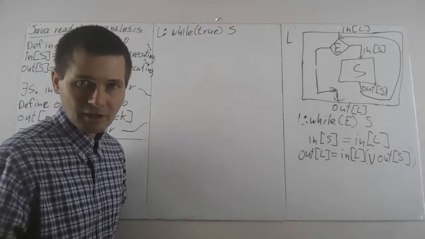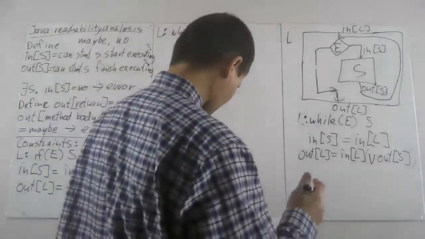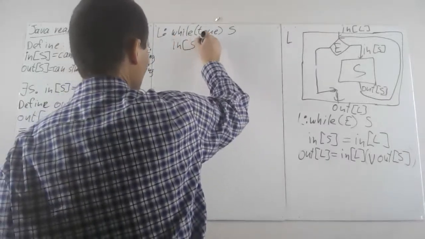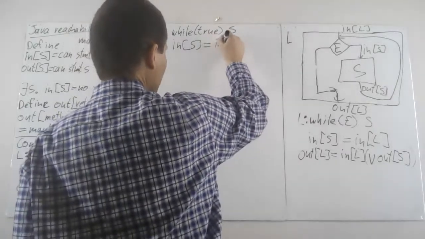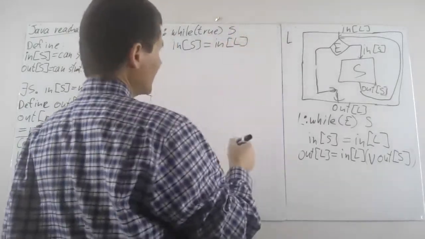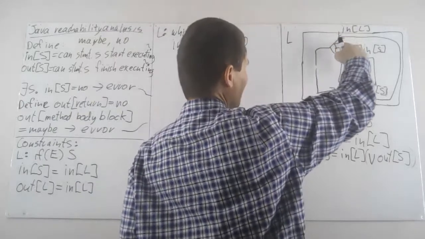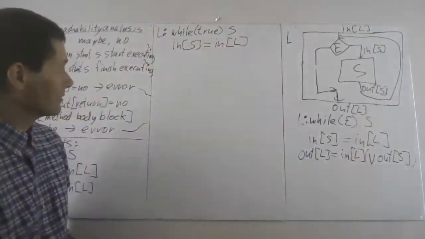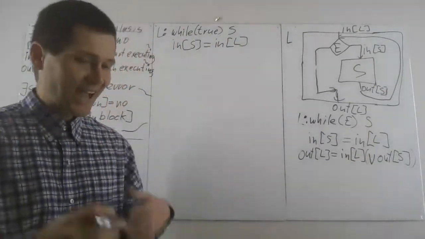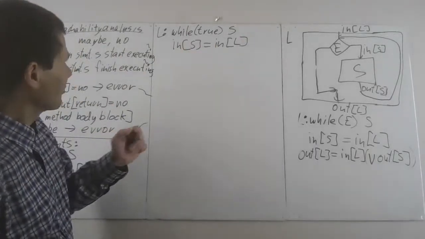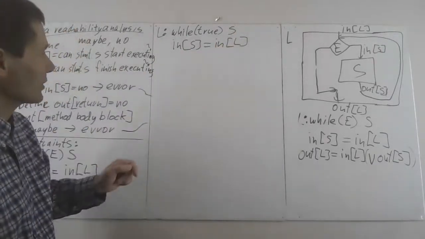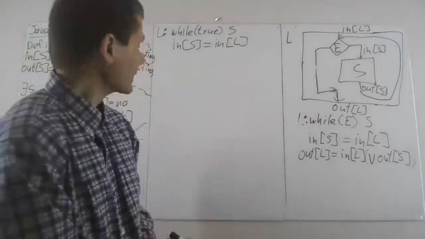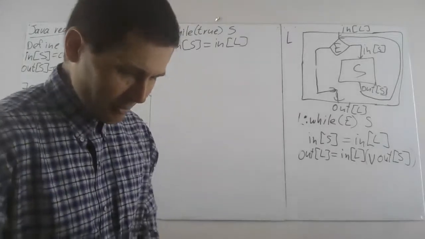The computation of reachability is going to be different. So what are we going to do? In of S is still going to be in of L, because you come in of L, and then the condition is always true. So you go to in of S, and so the body can start executing if and only if the overall loop itself can start executing. All right. And what about out of L?